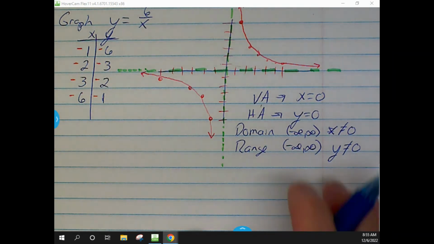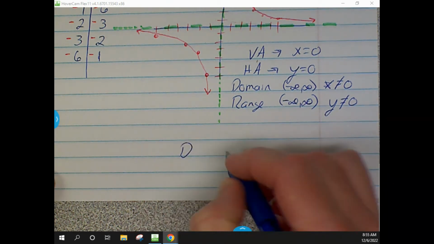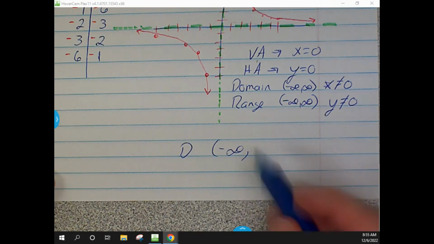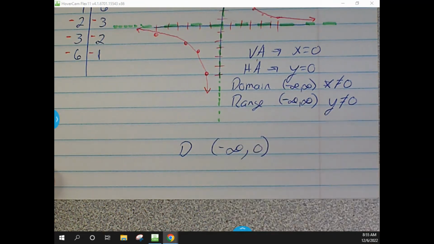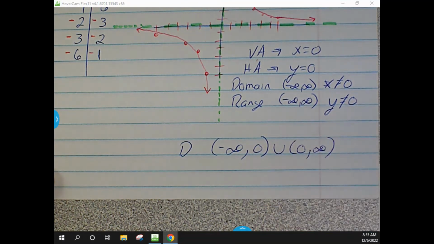All right, now the other, and again, sometimes with that one, they may show the domain and range that way. They may also show it where it's going to strictly go with interval notation. So if you do interval notation, that would be from negative infinity to 0, and then put your union, and then 0 to infinity.